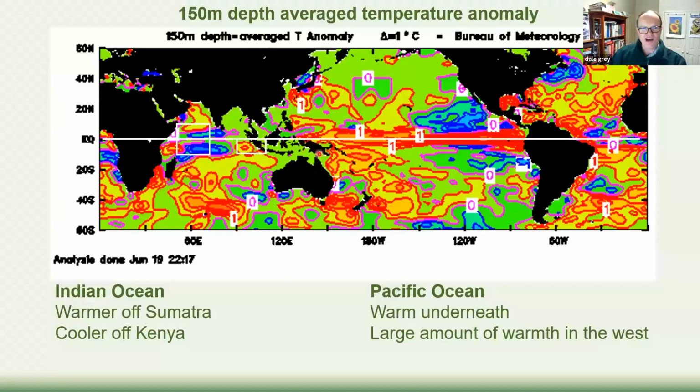Everything to the north of Australia is slightly warmer, but not excitingly so. Things are warmer under the sea off Sumatra and colder under the sea off Africa. This is the exact opposite of what you would expect for a positive IOD. We'd expect cold underneath here, which it was a couple of months ago, and warm underneath there, which it was a couple of months ago.